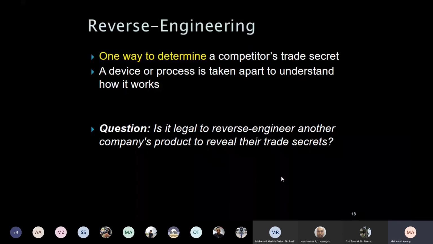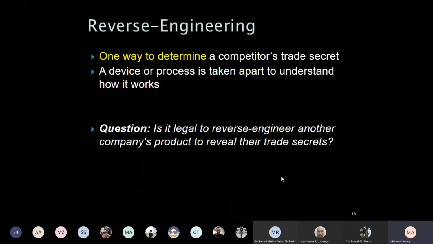For a patent, are you allowed to do reverse engineering of a patent? No, sir. You cannot. But many people are doing reverse engineering of patents.